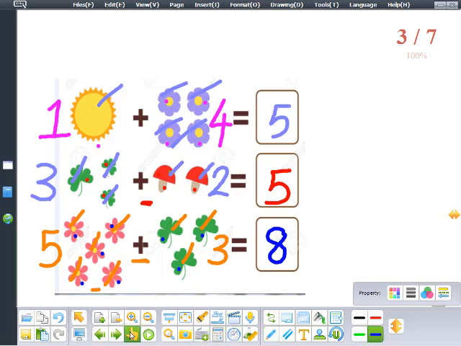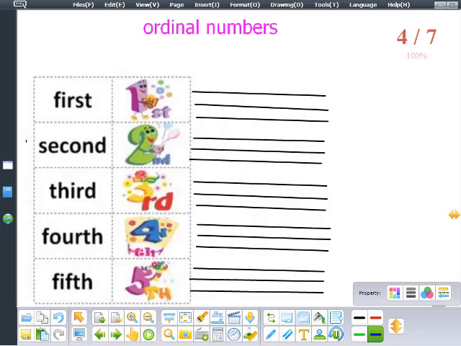Now let's go to another thing. Look, here we have the ordinal numbers. Look with me. Here, this is number 1.